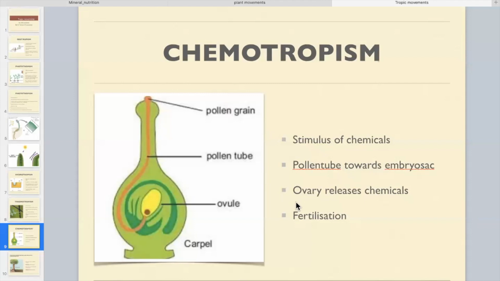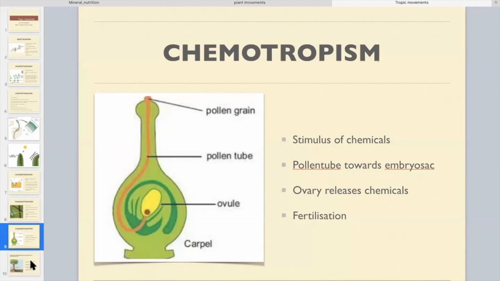And why? What is the reason? Because the ovary is continuously releasing chemicals in order to attract the pollen grains. And due to that, the process of fertilization is completed in the angiosperms. This type of movement is called chemotropism.